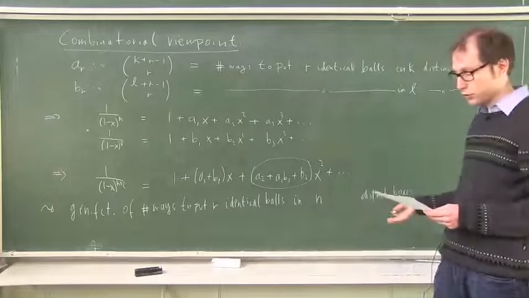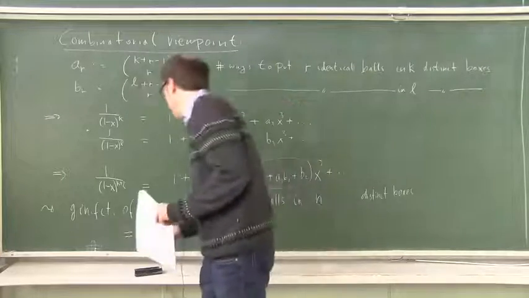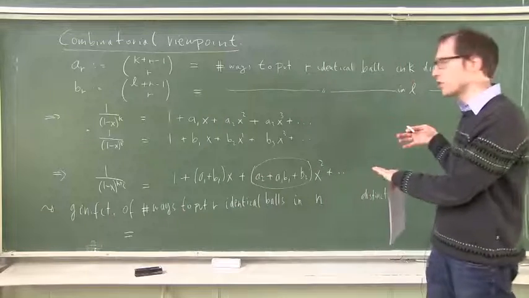You already know the answer. This should be 1 over 1 minus x to the n. But now by using this way of thinking about it, we can just recover that.